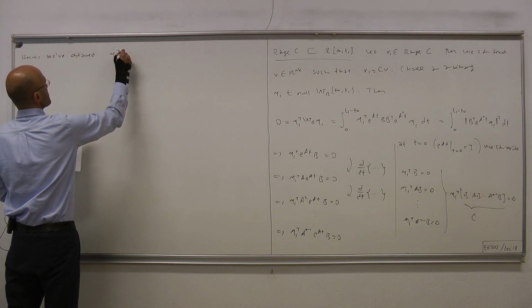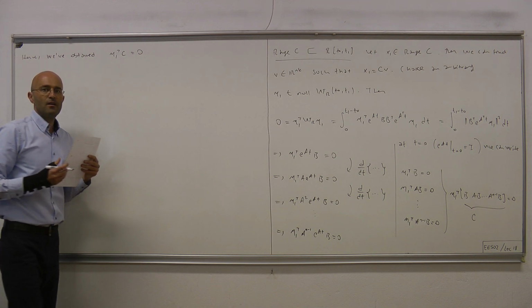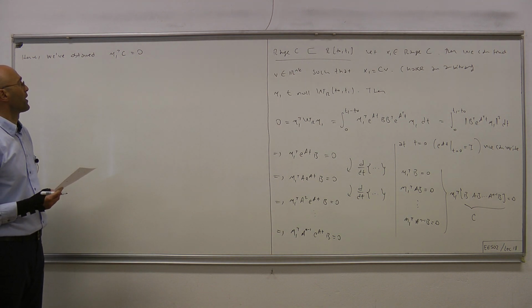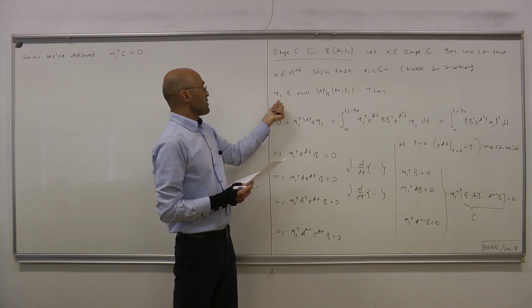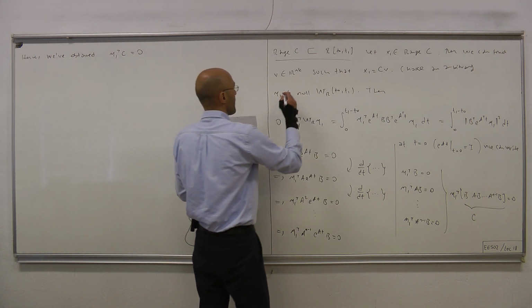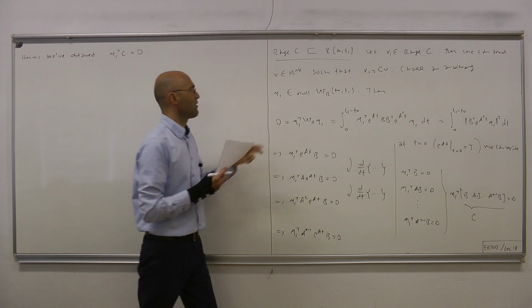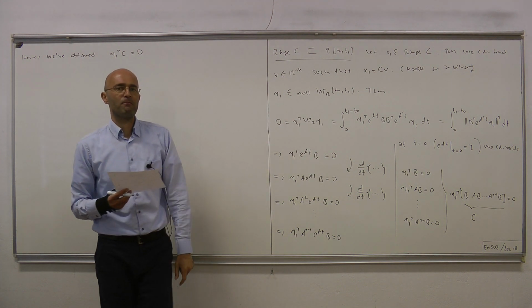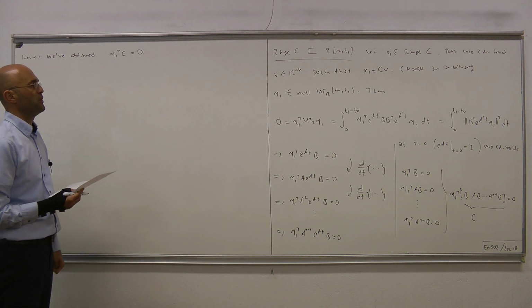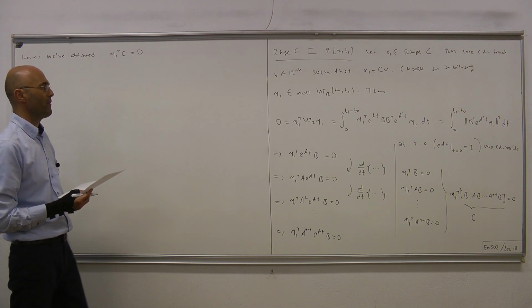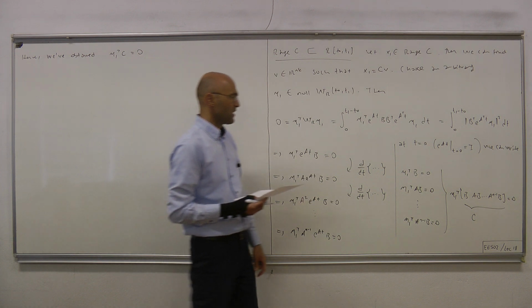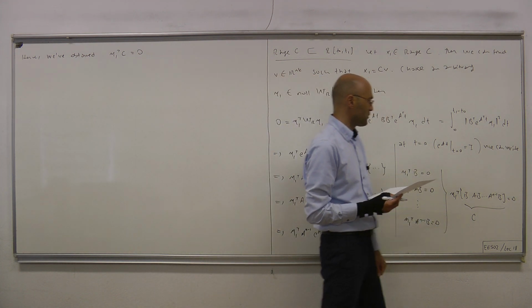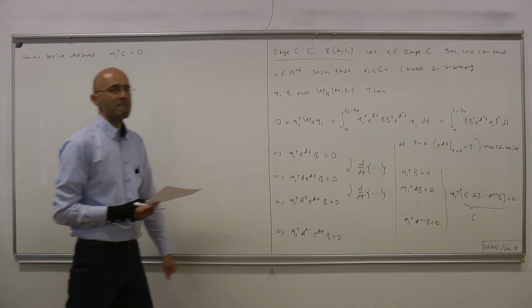Eta 1 transpose C equals 0. Okay, once again, eta 1 was just an arbitrary vector that belongs to the null space of the reachability Gramian. And we show that that arbitrary vector must necessarily satisfy this equation, eta 1 transpose times C equals 0.